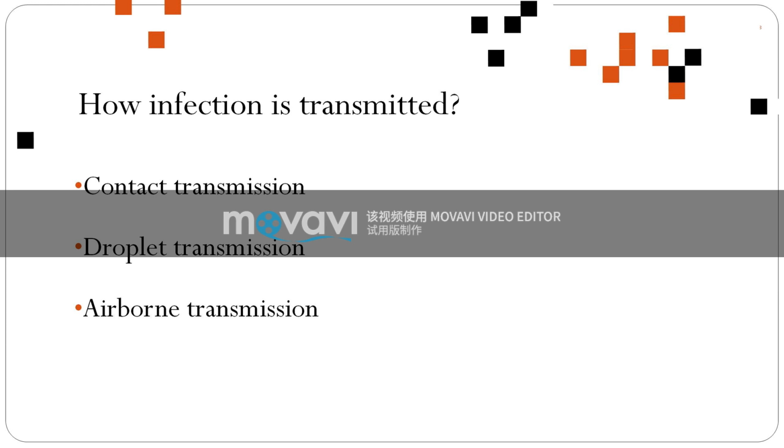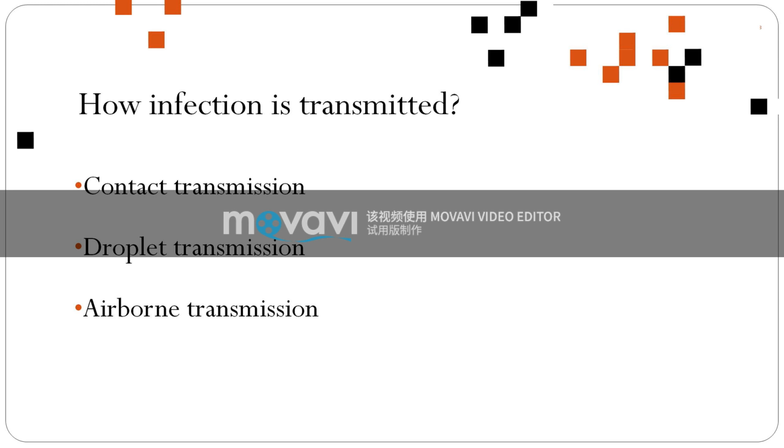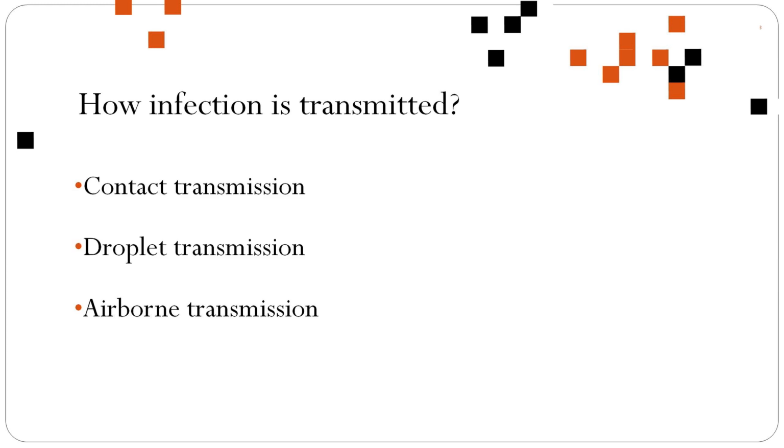Indirect contact transmission involves contact of a susceptible host with a contaminated object, such as contaminated needles, or contaminated gloves that are not changed between patients. Droplet transmission occurs when contaminated droplets from the infected patients are propelled a short distance through the air and dropped on the susceptible person's body.